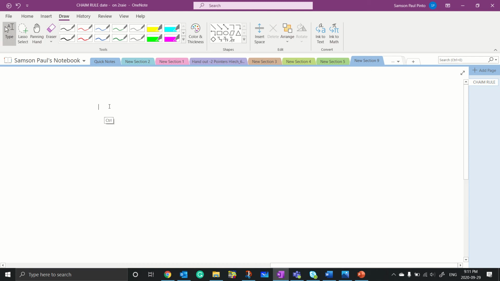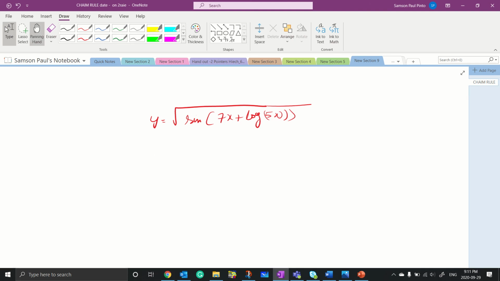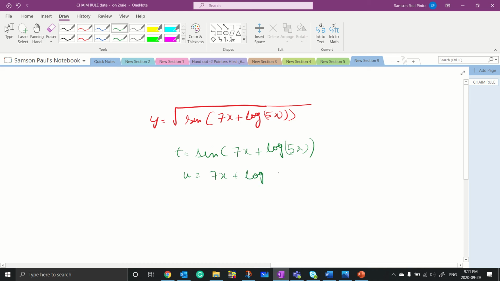Now let us take the functions one by one. I'll use some different color, let me use green. t equal to sine 7x plus log 5x. u equal to 7x plus log 5x.